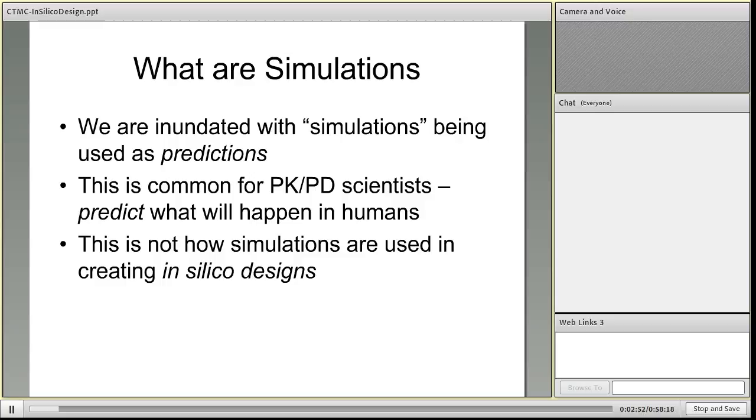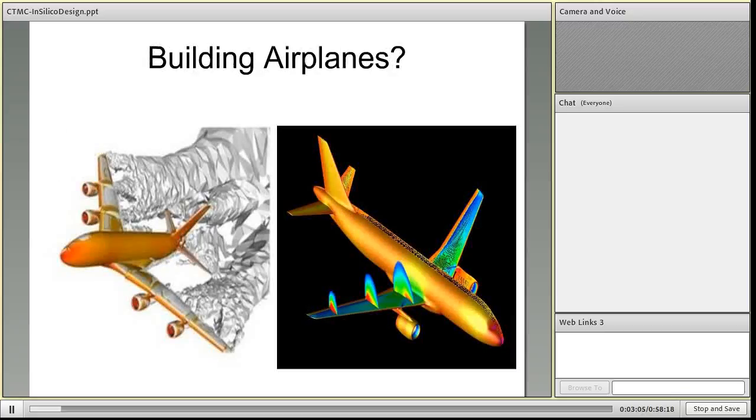It is very different than how we're going to use simulations in what I'll refer to as in silico designs. We're really not trying to predict the outcome of a design. We're going to use simulation much the way engineers use simulation in building airplanes. They use it for calculation. It allows the complex calculation of aspects that can't be done analytically.